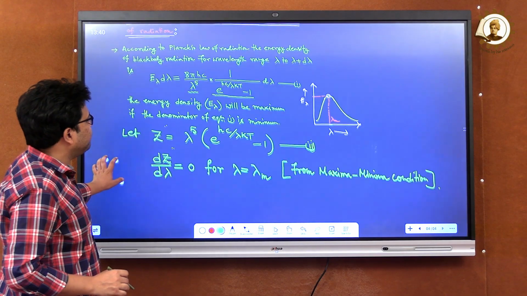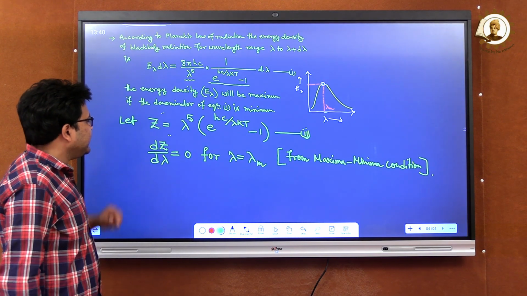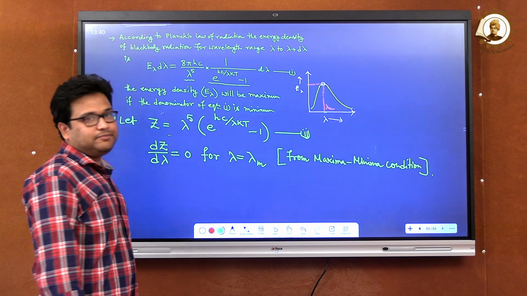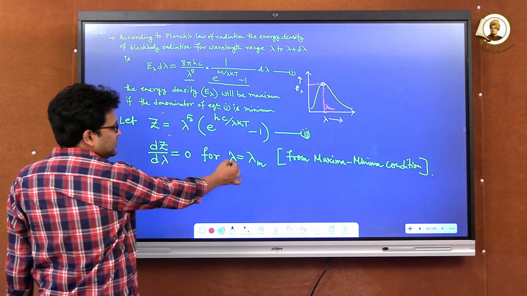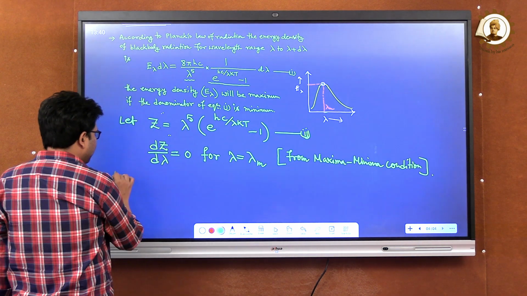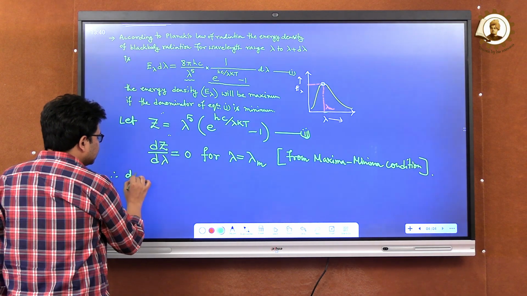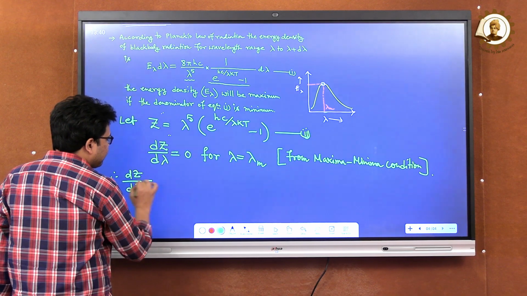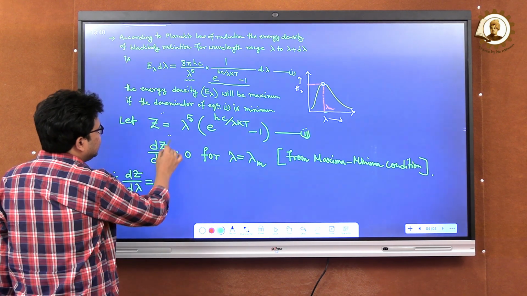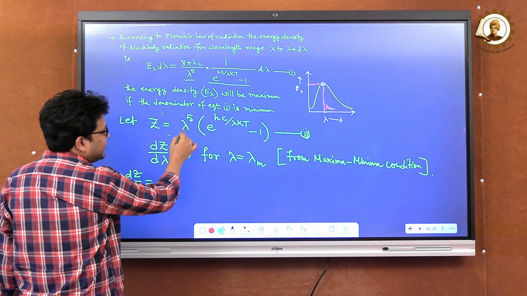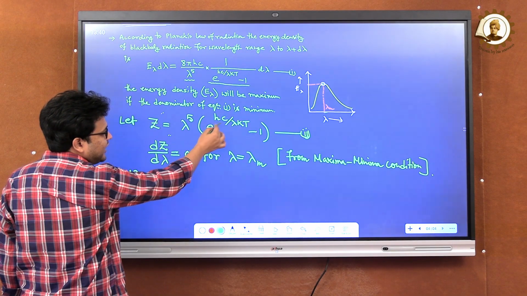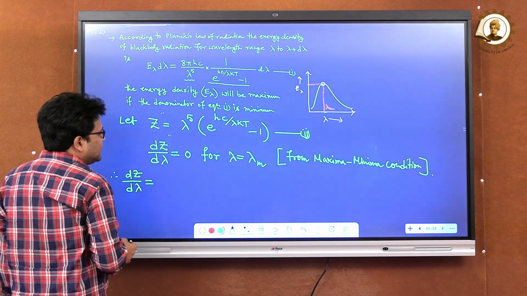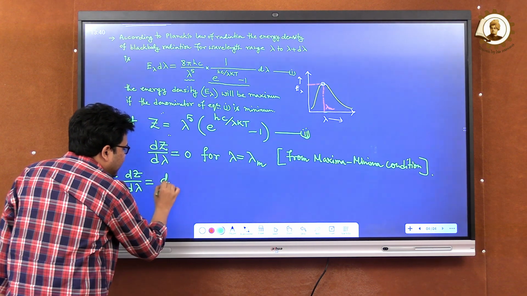So we have to differentiate this quantity z with respect to lambda at lambda equals lambda m. That is, we are going to differentiate lambda to the power 5 into e to the power hc by lambda kT minus 1.